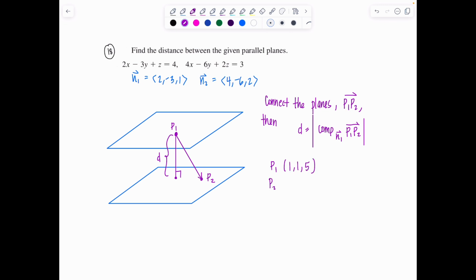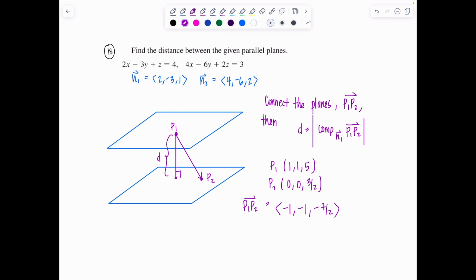And then p2, you could just say, hey, 0, 0, and then z would be 3/2. You have infinitely many choices, so just have at it. And then now I'm going to make that vector p1, p2 connecting the 2 planes. So we'll have for the components of p1, p2 negative 1, and then 3/2 minus 10/2 is negative 7/2.